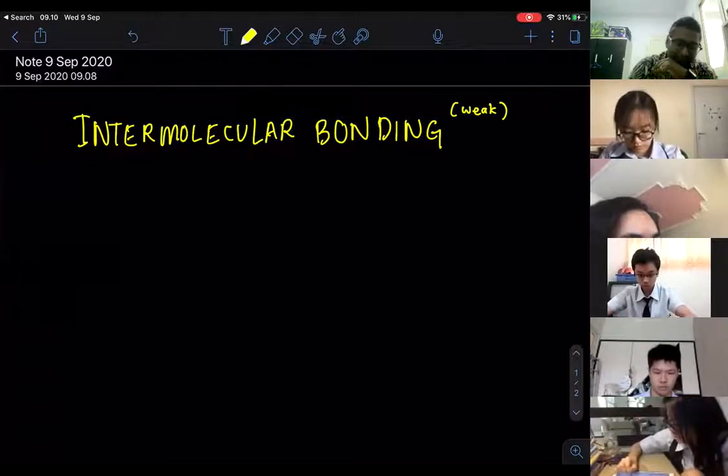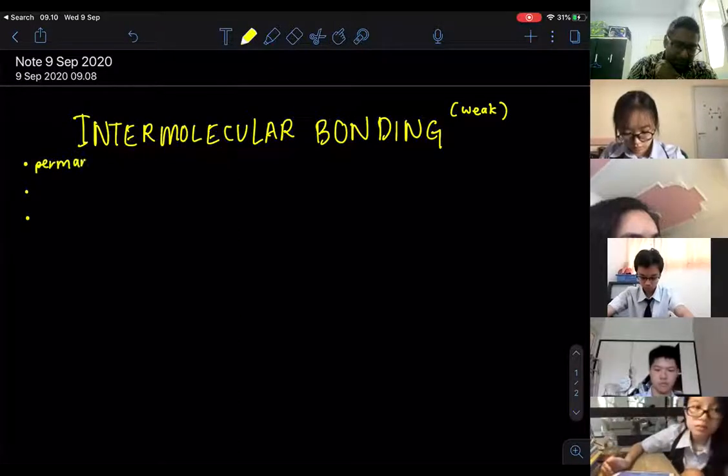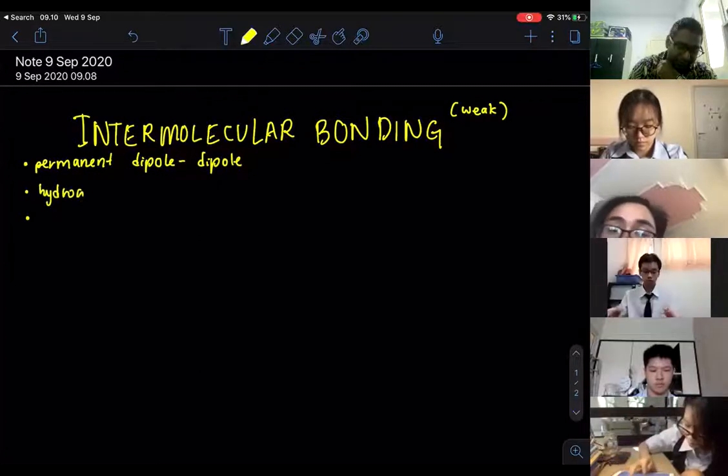What are those intermolecular bondings? Today we will learn all these three. One is called permanent dipole-dipole. Second is going to be hydrogen bonding.